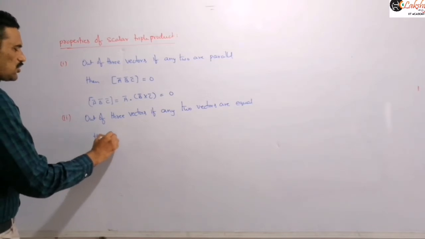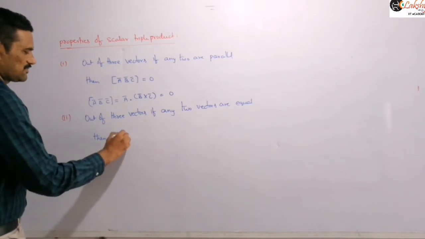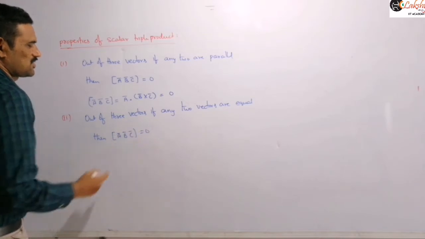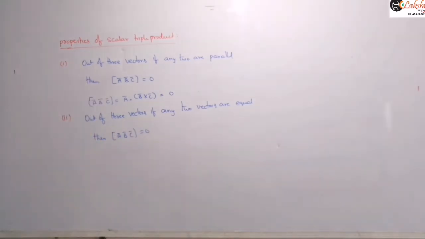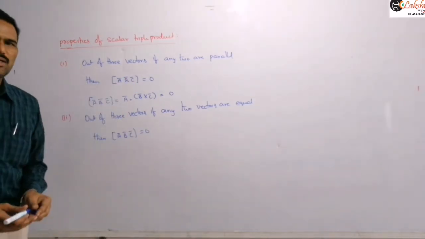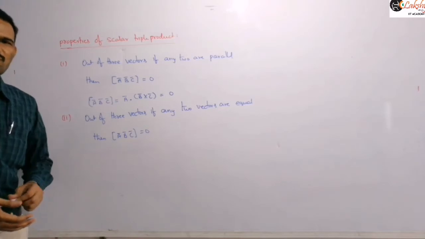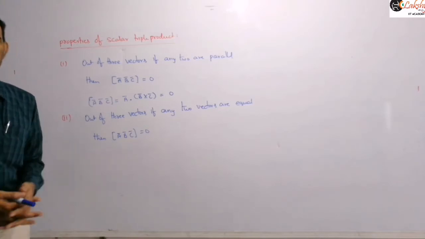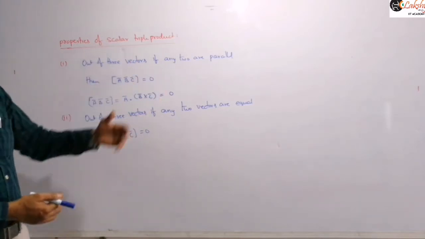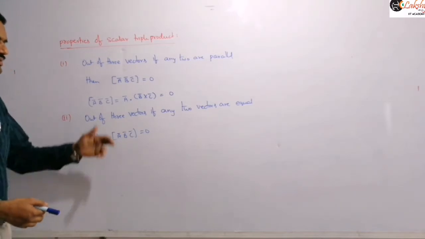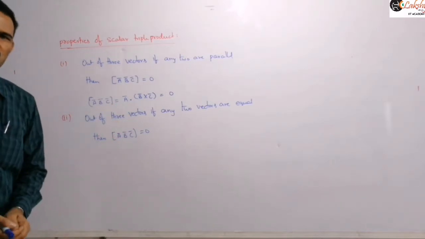Equal vectors automatically become parallel vectors, so we are mentioning it specially here. If two vectors are equal, their magnitude must be the same and their direction must be the same, so automatically you can call them parallel vectors. For the same reason, its value will be 0.